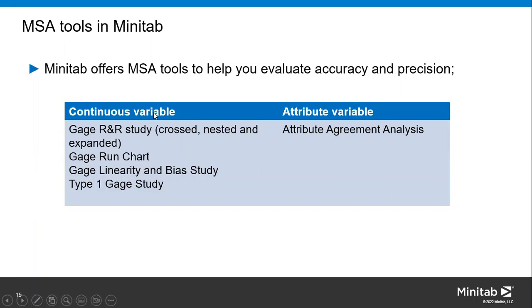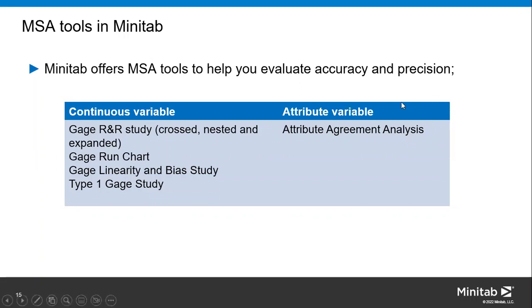But if you want to do the MSA and your measurement is something like accept, reject, go, no go, so it is an attribute, we use the attribute agreement analysis. For this case, we look at the consistency and accuracy between your appraisers and against your standard.